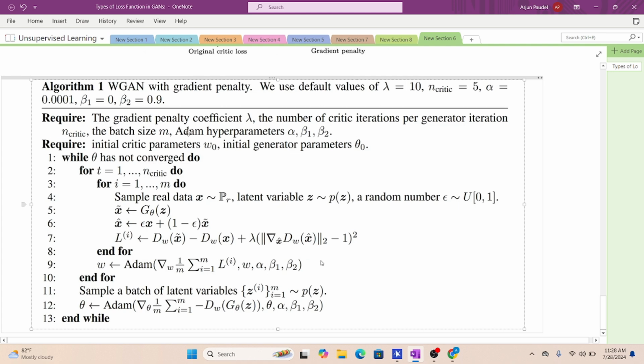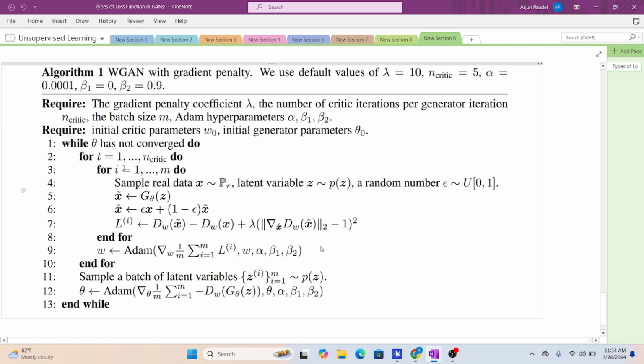Batch size is m, and there are the Adam hyperparameters alpha, beta 1, beta 2. It requires initial critic parameters and initial generator parameters theta naught. While theta hasn't converged, do the following. Theta is the generator parameter, so until it has converged, we are running this inner part.